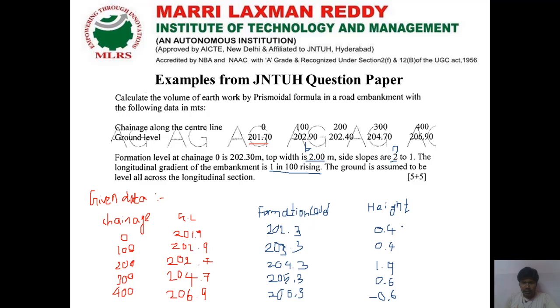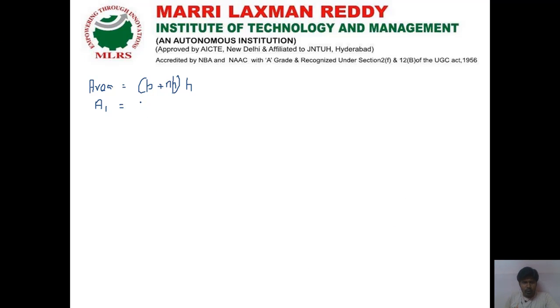For A1, corresponding to height 1, that is 0.4 meter, B equal to 2 meter, side slope N equal to 2, so B plus N H into H is the formula. Our height at first point is 0.4 meter, so the area becomes 1.12 meter squared.